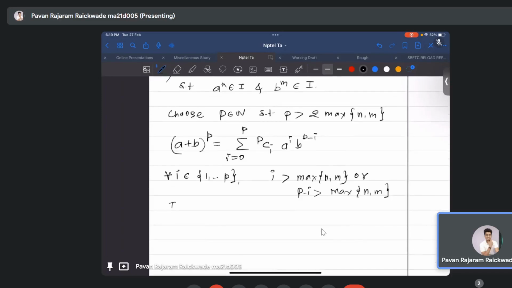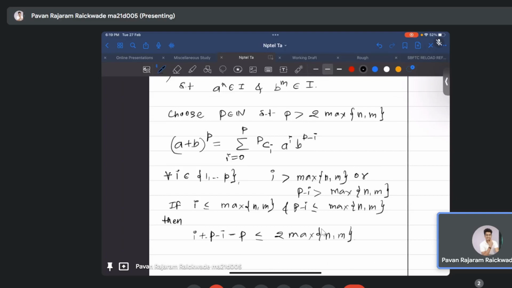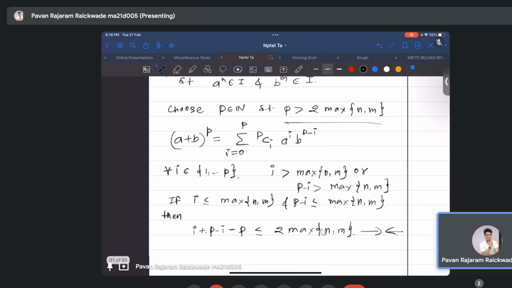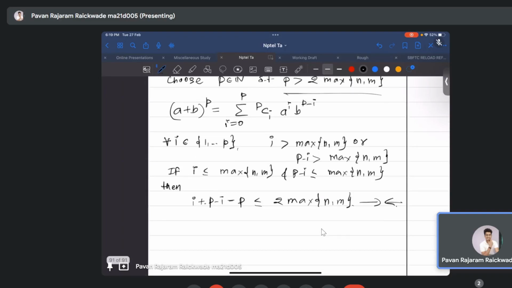Why? Because if i is less than or equal to the maximum of n, m and p minus i is also less than or equal to the maximum of n, m, then the sum i plus p minus i, which is p, is less than or equal to 2 times the maximum of n, m. But this is a contradiction, since I have assumed p to be greater than 2 times the maximum of n, m. Hence this can't happen. So for each i you have this.